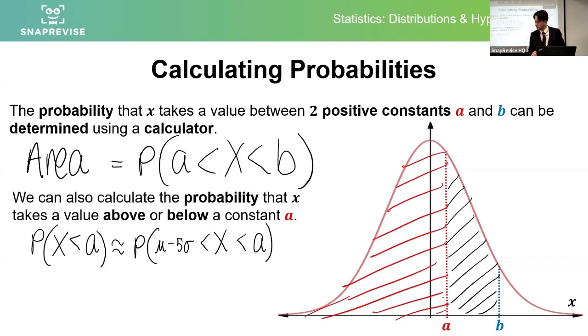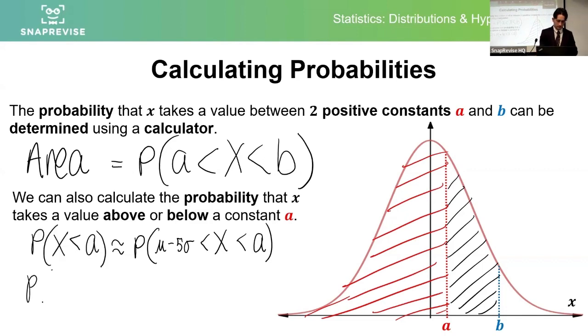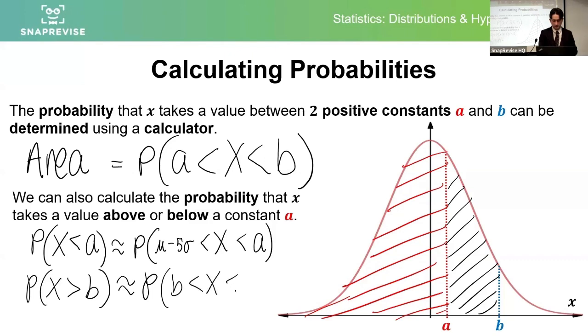And then the probability of X greater than B would be from B up to mu plus 5 standard deviations, which would be all of that.